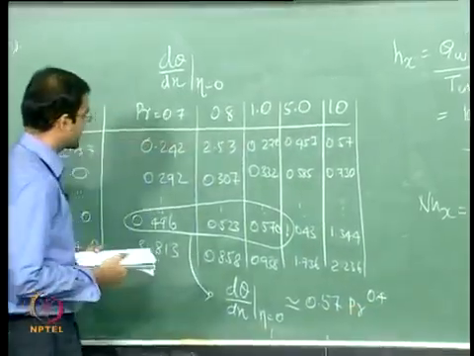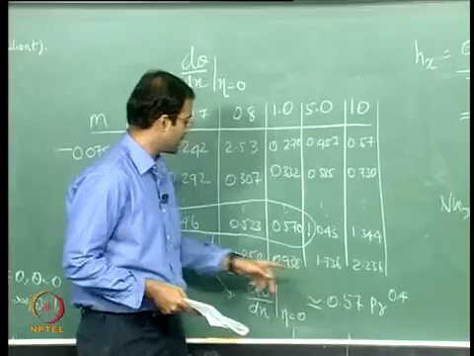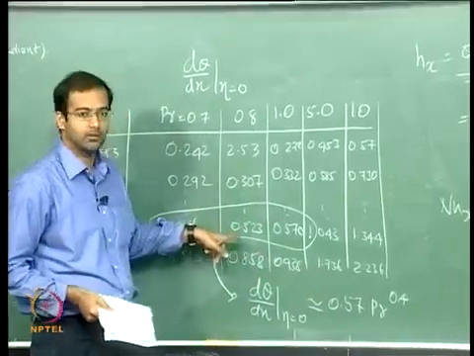Can you just check, can you substitute Prandtl number as 0.8 and check whether you are getting something close to 0.523?